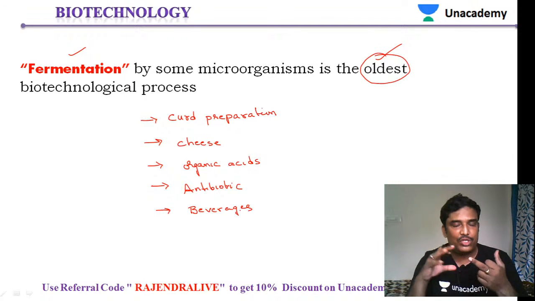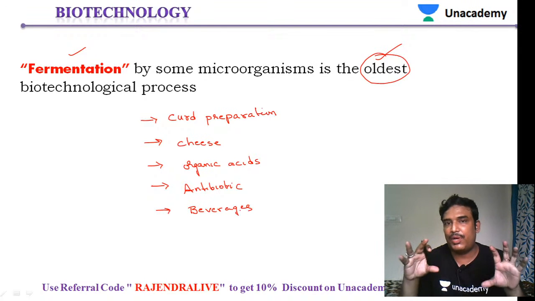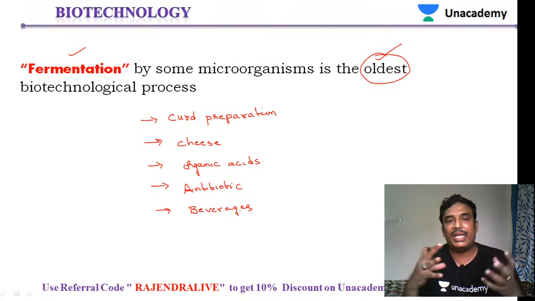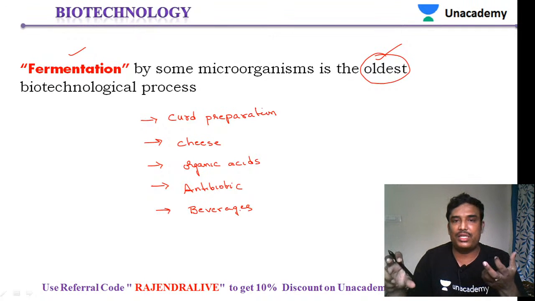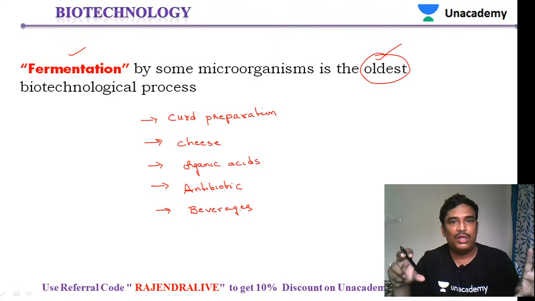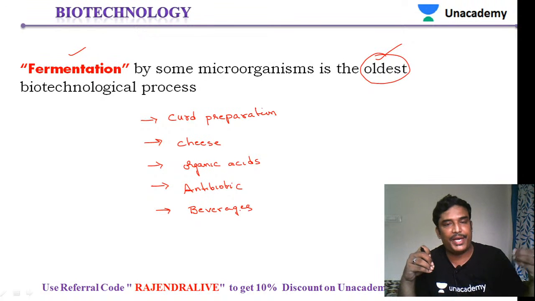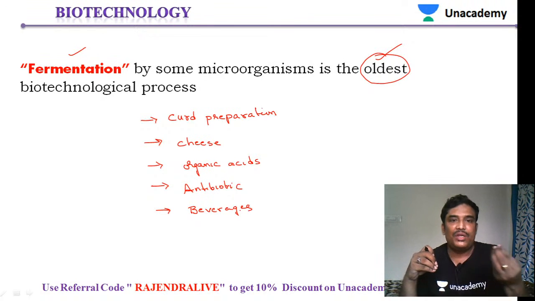Which is the oldest biotechnology process? They will ask this in a multiple choice question, and we have to clearly remember that the oldest biotechnology process is nothing but fermentation. In the olden days we did not know we were doing fermentation. Like in our household, we prepare curd by taking the starter culture from the previous day.